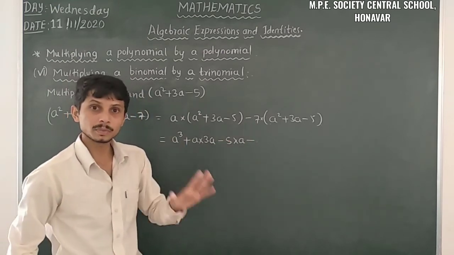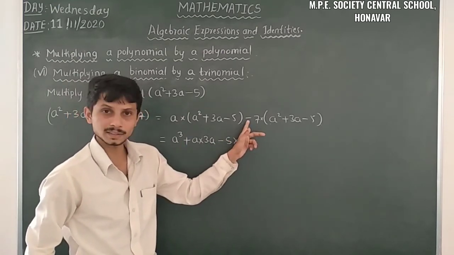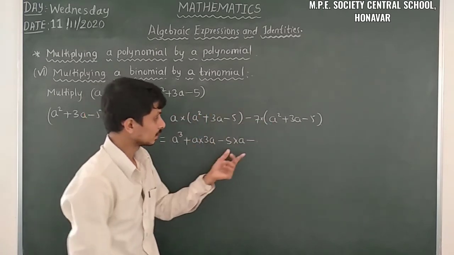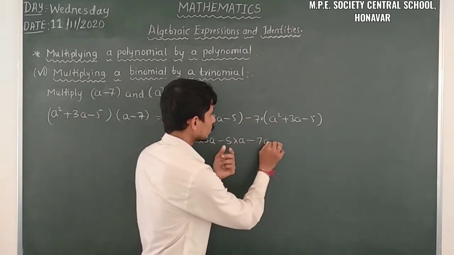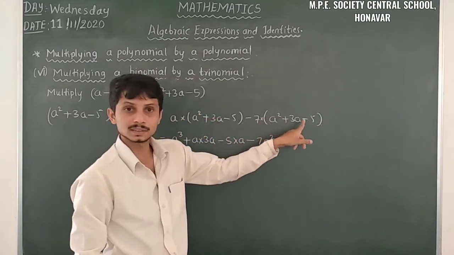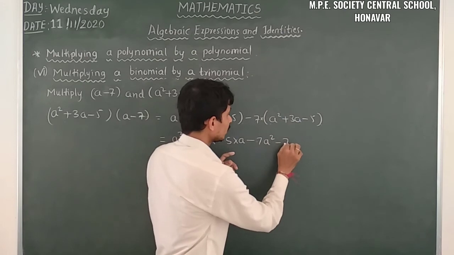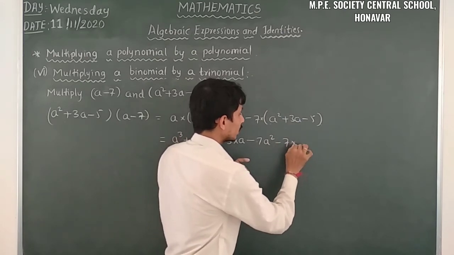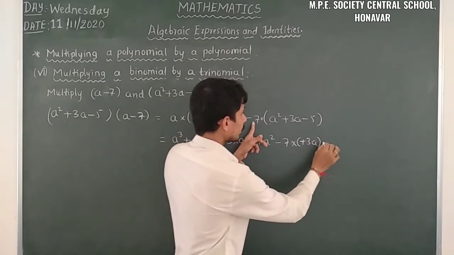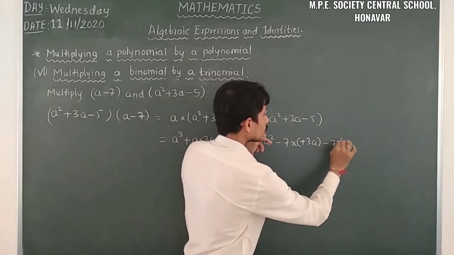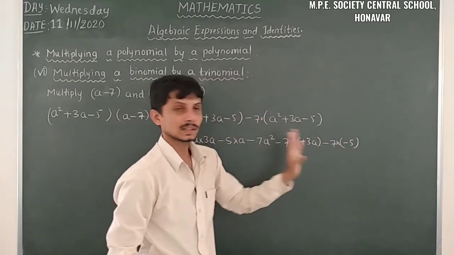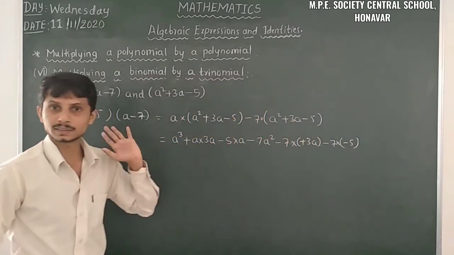You have to be careful because it's a minus sign, so take the minus sign completely. Then minus 7 into plus 3a, then minus 7 into minus 5. Be careful about the sign.